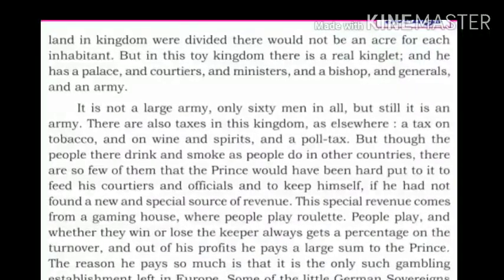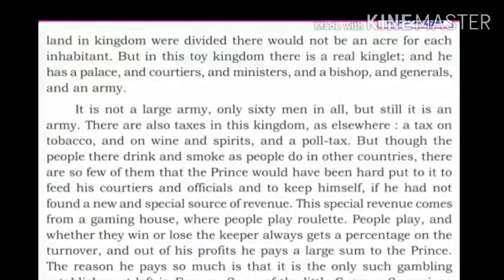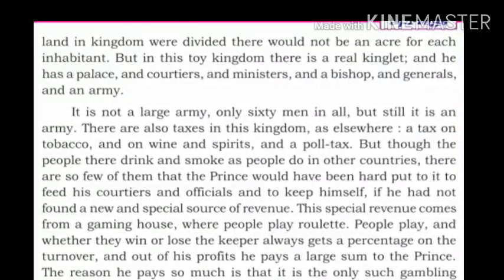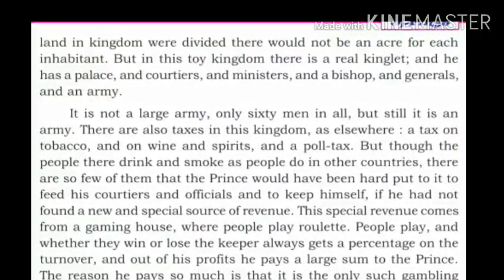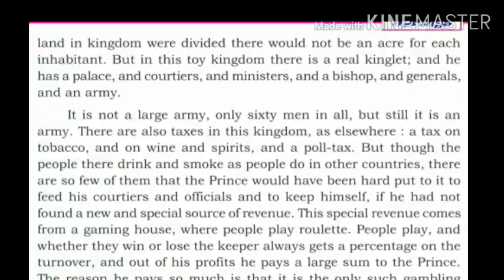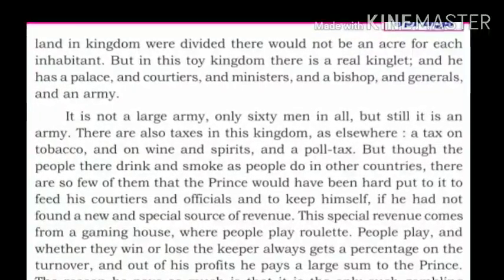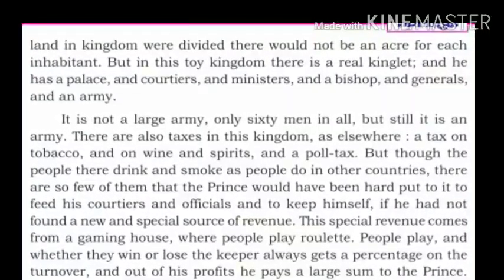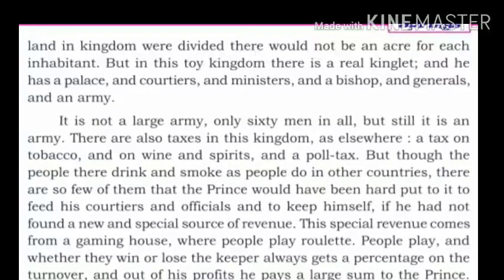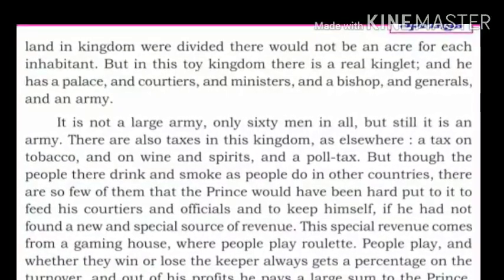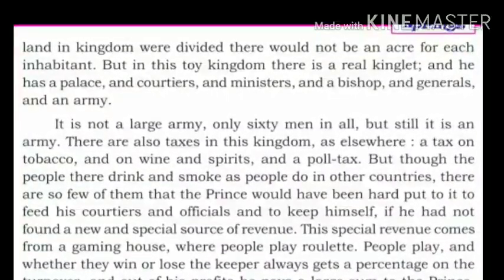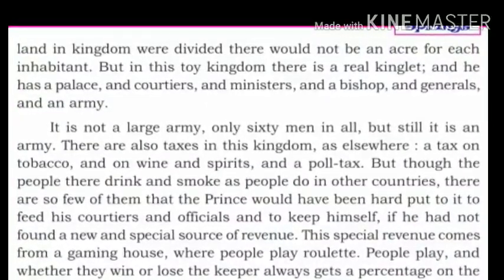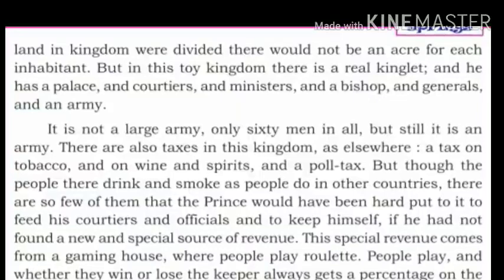He has a palace, courtiers, ministers, bishop and general, and he has an army. It is not a large army. It consists of only 60 men, but still it is an army. And the king collected his taxes for his expenditure. You already know that. Which are those? Those are 4 taxes. In the next class we will continue with what will happen next.